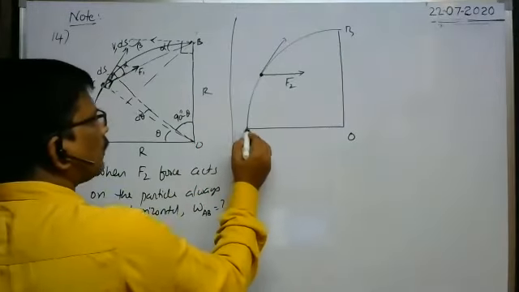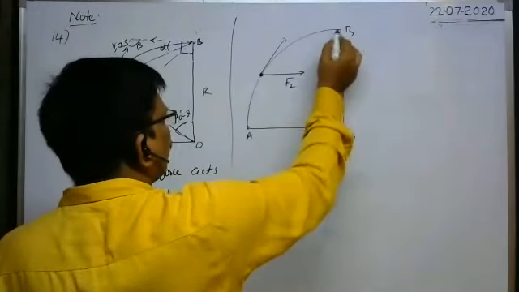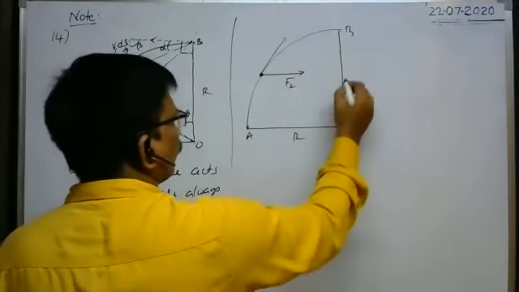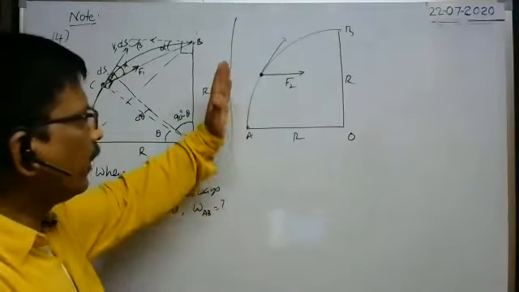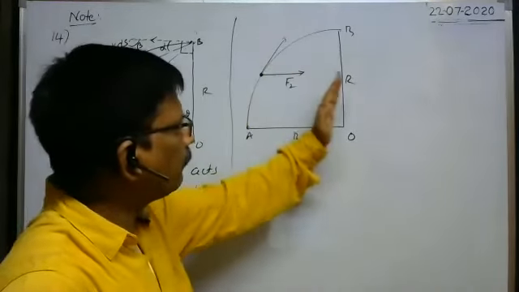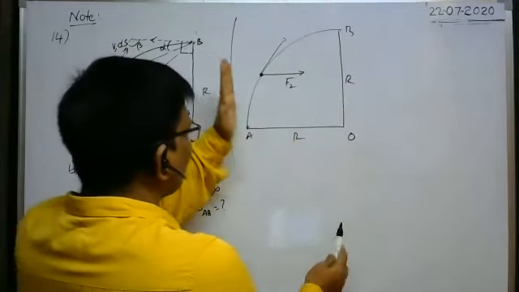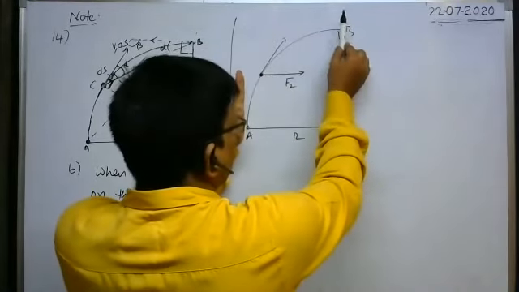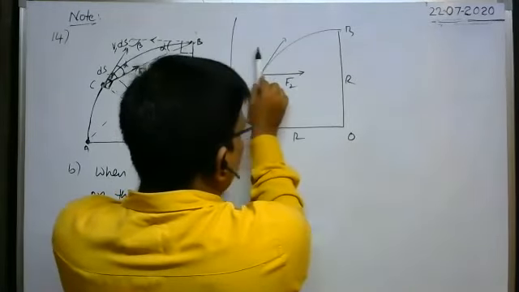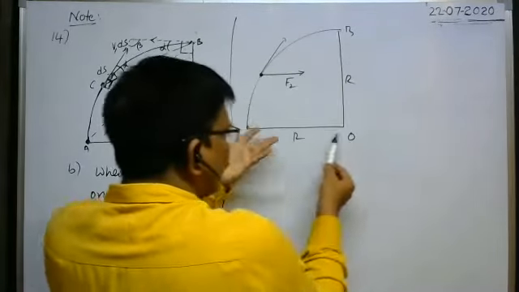So whenever the particle travels from this position to this position, along the direction of applied force, what is the displacement of the particle? Initially particle is here, finally particle reaches the point here. So along the direction of applied force, the displacement means from A to B along this direction. That is equal to radius only, no?